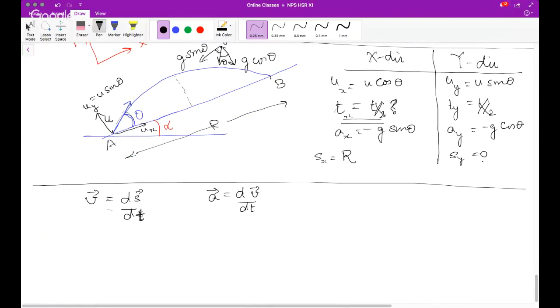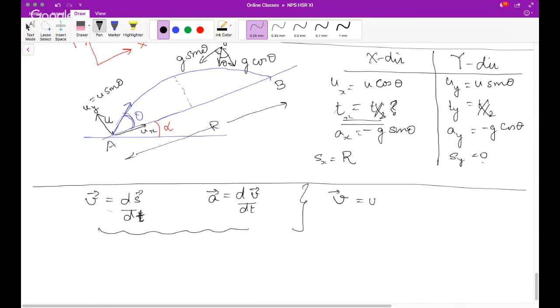Because these two differential equations were responsible for giving us the three kinematics equations: v equals u plus at, again note the use of vector notation; s is equal to ut plus half at square; and v square is equal to u square plus twice a s.